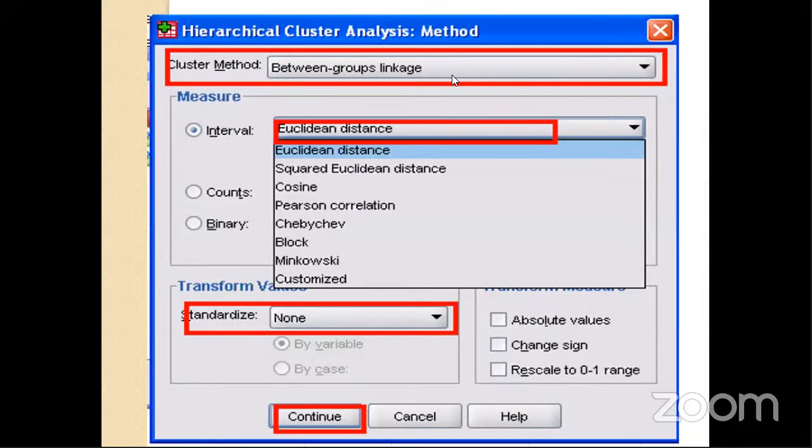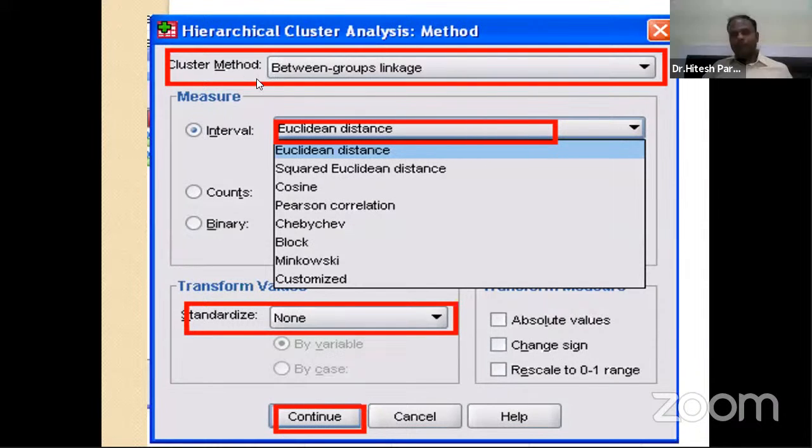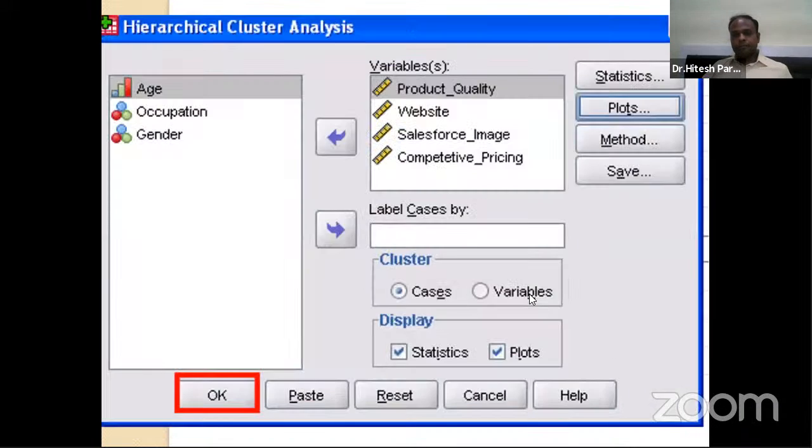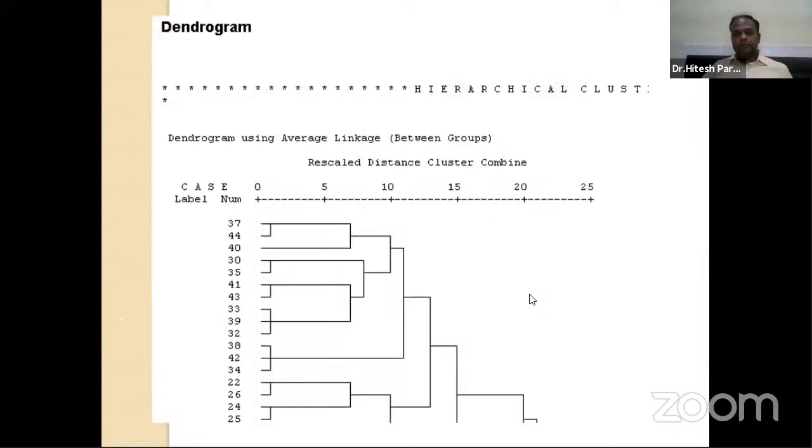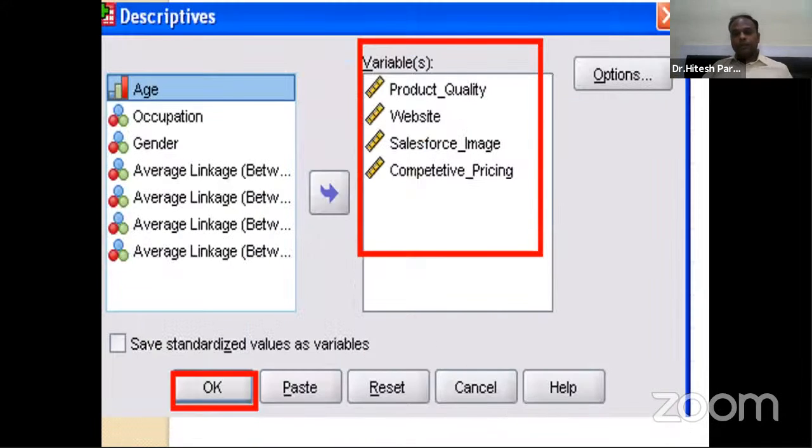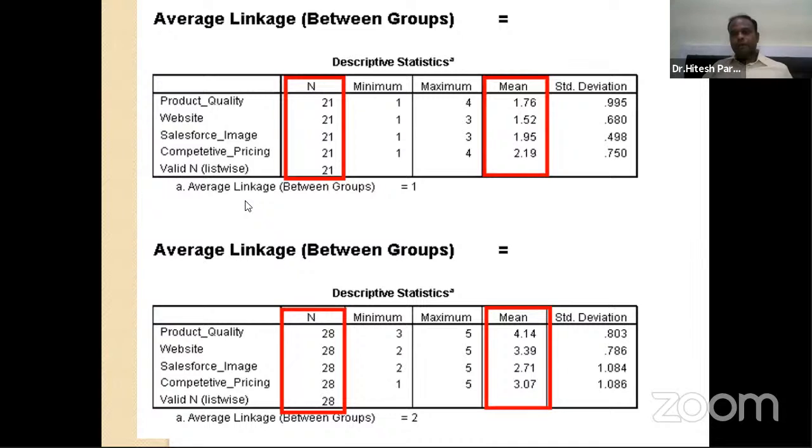Yes, sir. Maybe you have selected a different cluster method or a different interval measure. That could be one of the reasons. Okay, sir. So cluster number 1 is having a lower mean and cluster number 2 is having a higher mean. Okay.